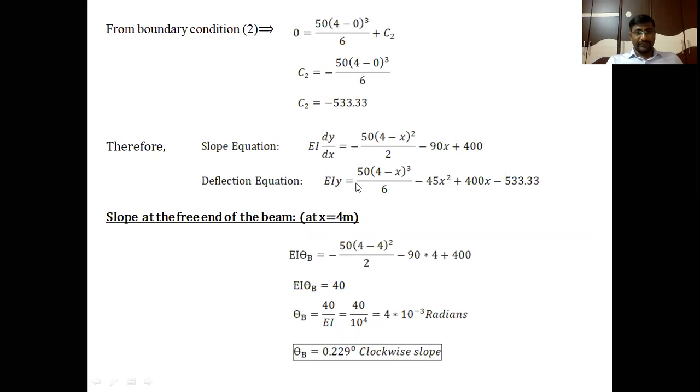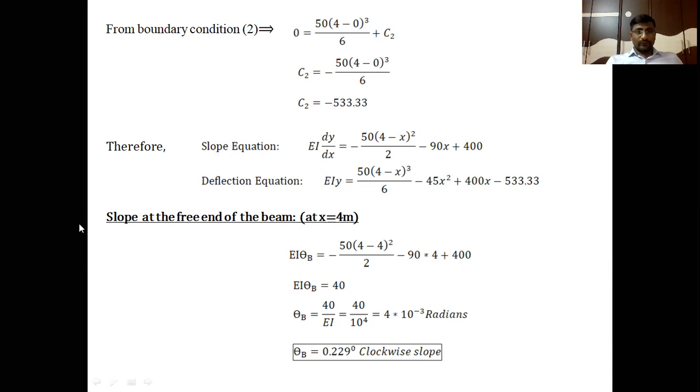Similarly, the deflection equation: EIy equal to 50 by 6 into (4 minus x) whole cube, minus 45x square, plus 400x, C1 value 400, minus 533.33. These are the slope and deflection equations. This equation can be used to find the slope and deflection at any point of the cantilever beam.